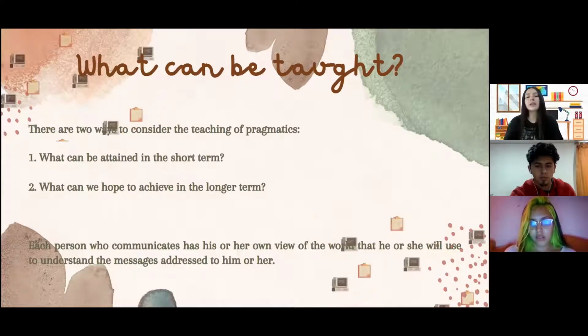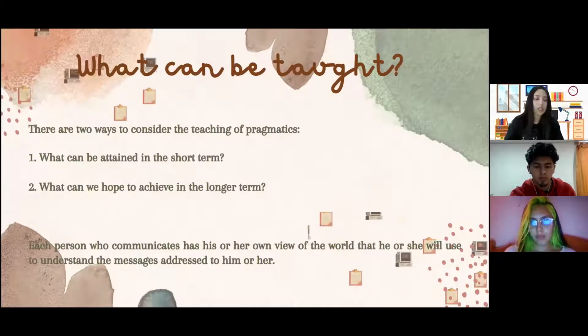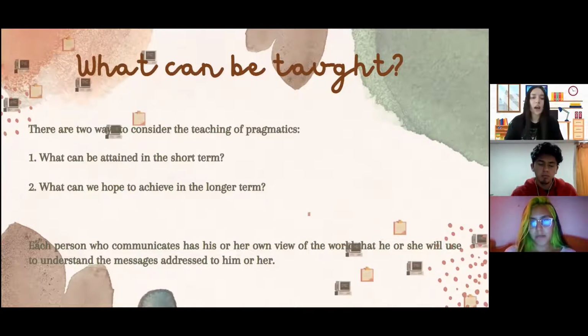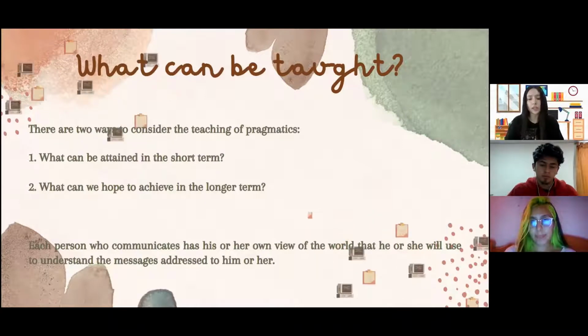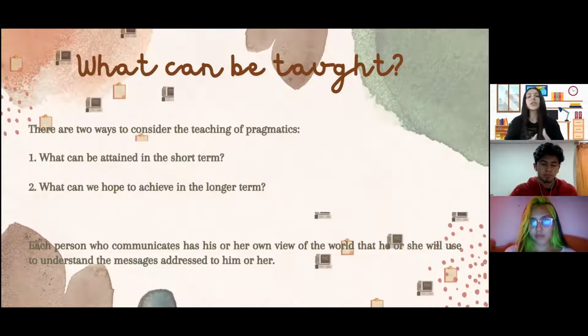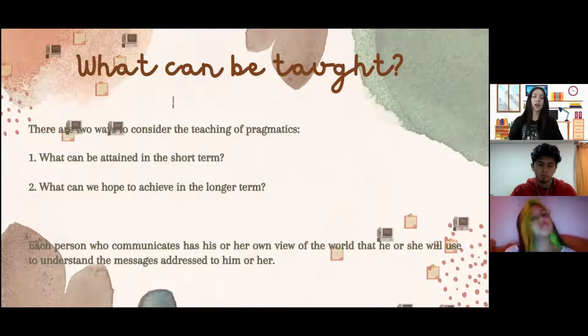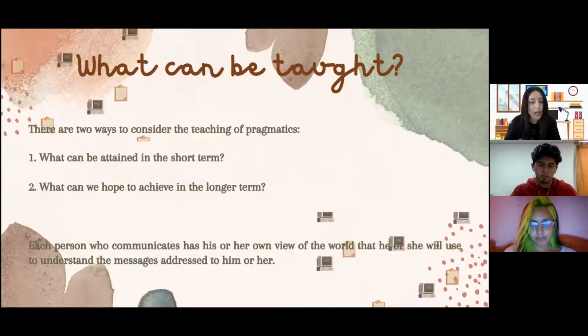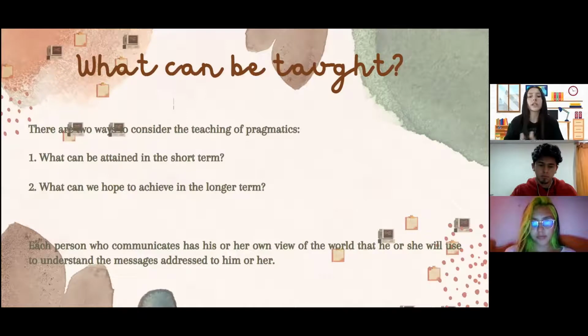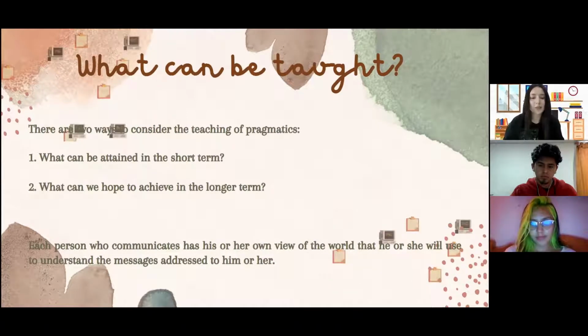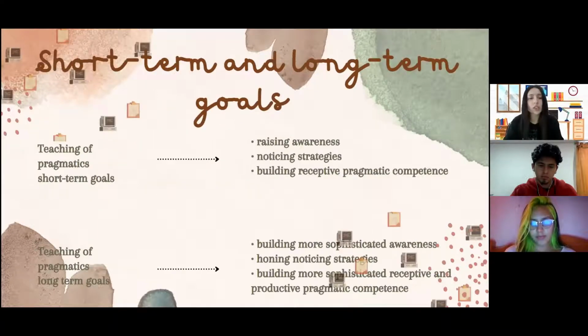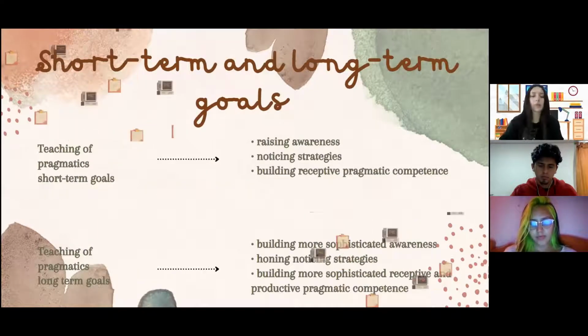This means that the interpretation of any message is something personal, and it all depends on the context. If we manage to understand this, thanks to pragmatics, the communicative act will be successful, either in a longer or shorter time.